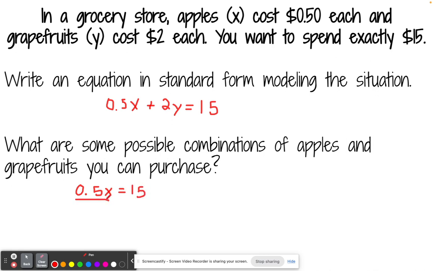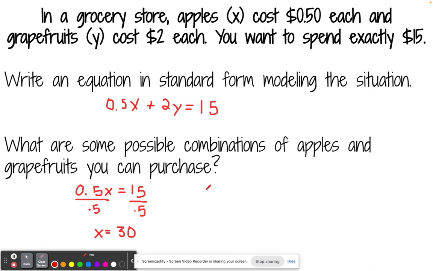Divide each side by 0.5, or 0.50, depends on how you wrote it. And I would find that I could buy 30 apples and spend exactly $15. If I were graphing it, this would be my x-intercept. I made my y value 0.